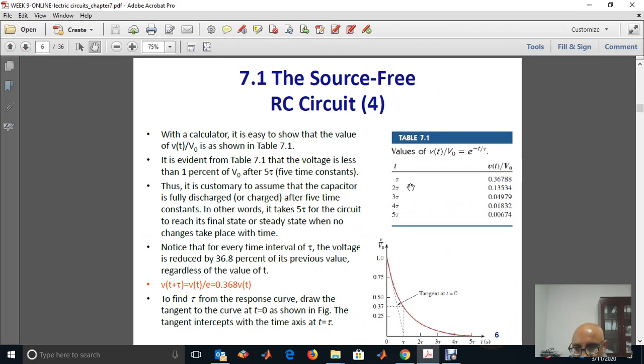The capacitor voltage with time, if we see after 5 time constants, it will become just less than 1% of the initial voltage, which means the capacitor is almost completely discharged after 5 time constants.